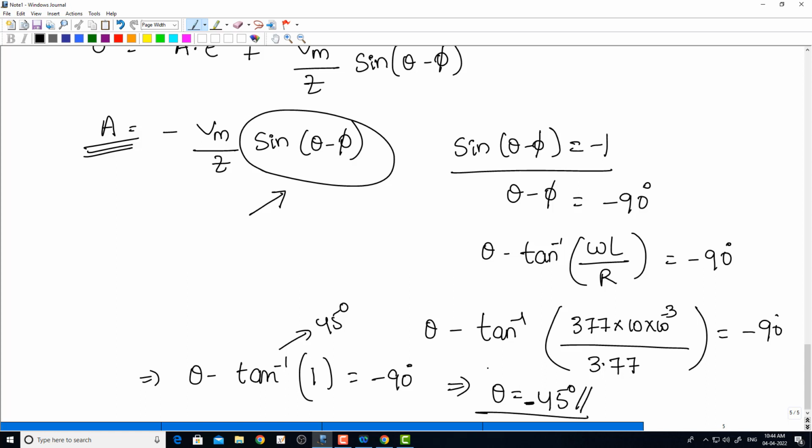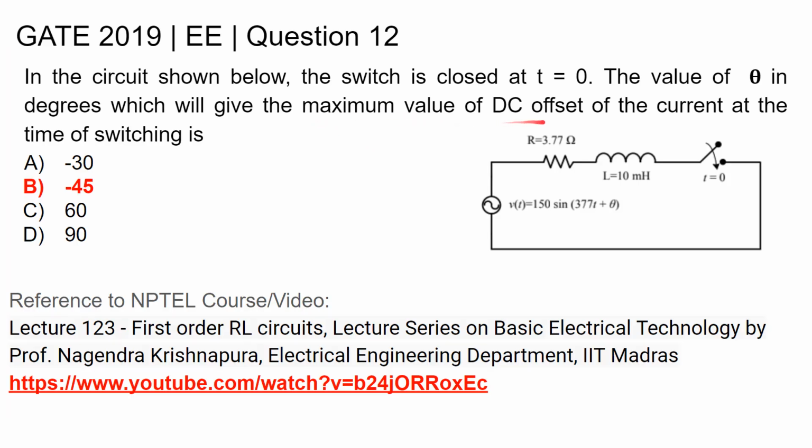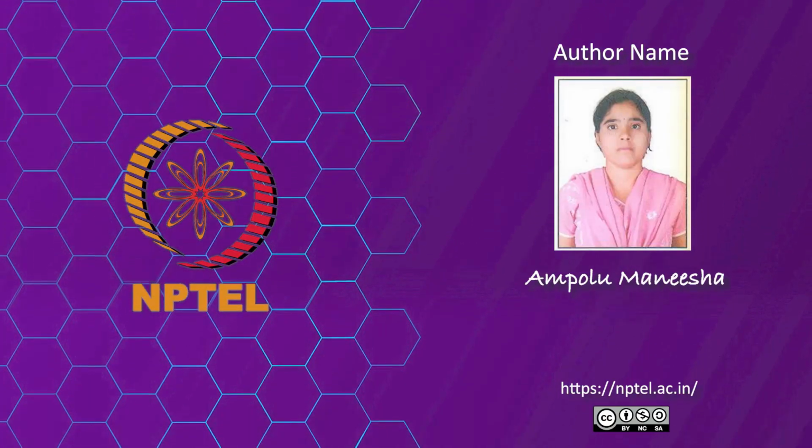So at this value of theta, the circuit will give the maximum value of the DC offset current. So the value of theta at the time of switching is minus 45 degrees. Thank you.